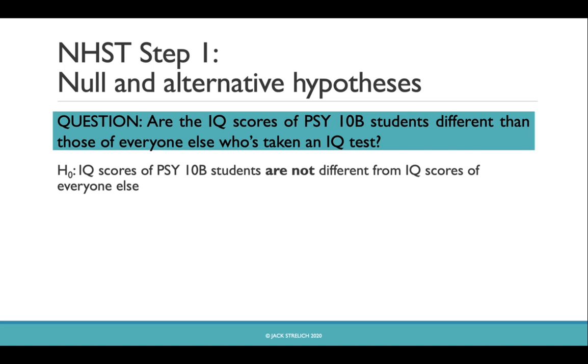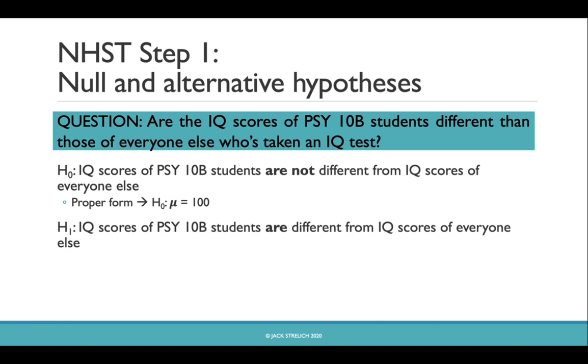As always, the null hypothesis is that there is no difference. Our null hypothesis is that mu is equal to 100, in other words, that it's equal to the mean of the null population. Our alternative hypothesis is that the IQ scores of Psych 10B students are different from the IQ scores of everyone else. And we can express that by saying that mu is not equal to 100.